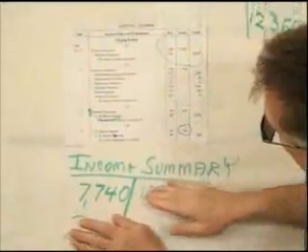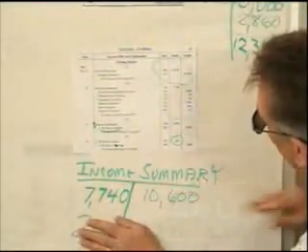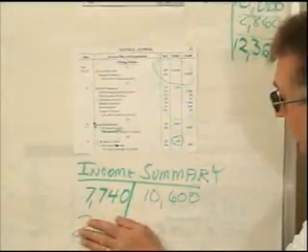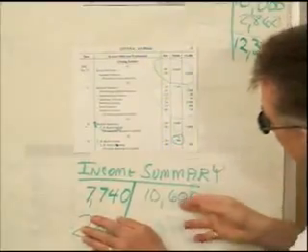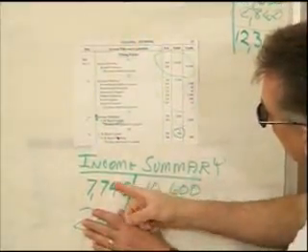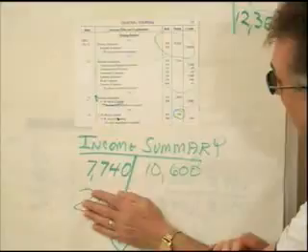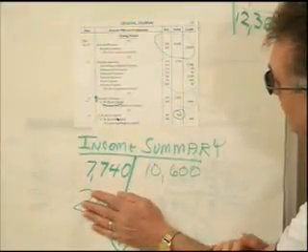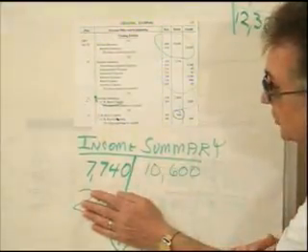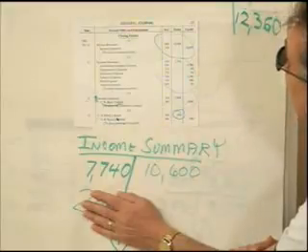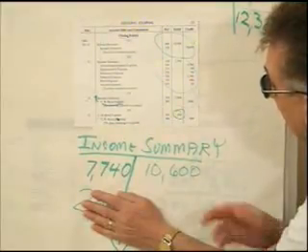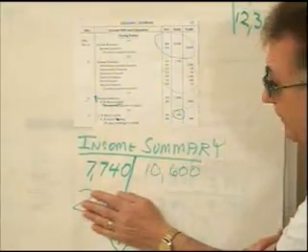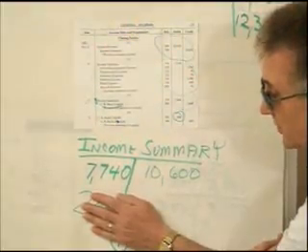So again, that's where the accountants really get the title income summary. It's a summary of our income. Here's our revenue at this point, and here are our expenses. And we have them all in one place. And these two postings have been made into this general ledger account called income summary. And by doing this, we have closed all of our revenue accounts to zero.